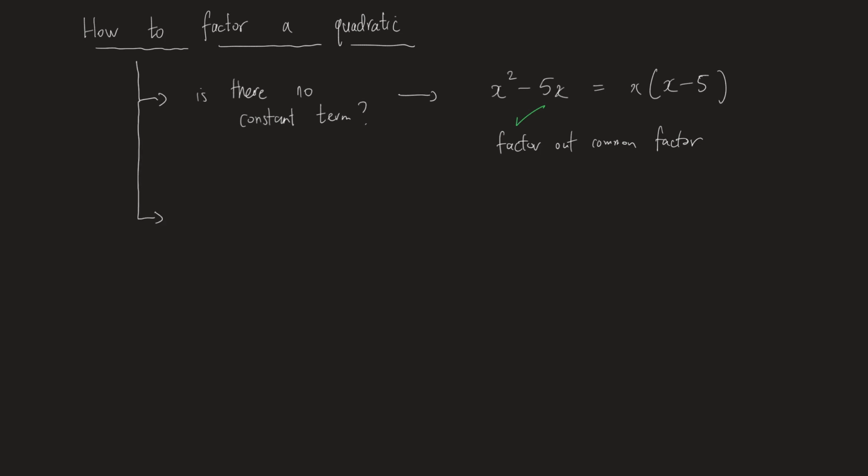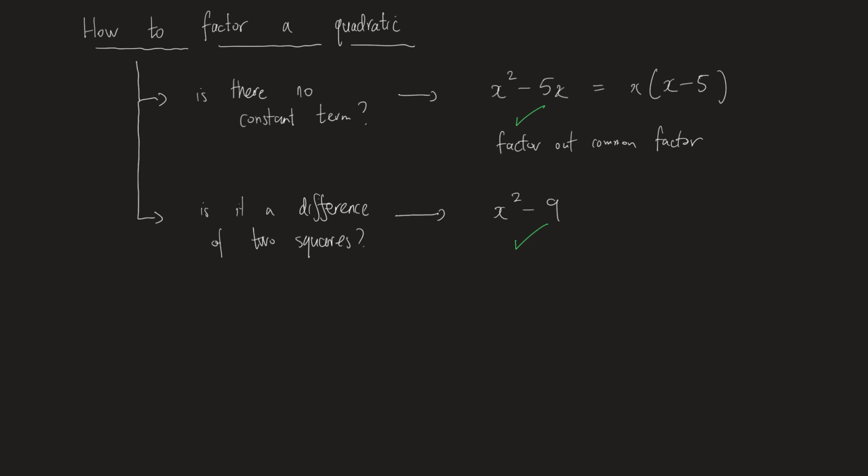So the next special situation to consider is: is your quadratic a difference of two squares? In that case, we can apply a formula, which is really nice. Let's say that we're looking at x squared minus 9. Indeed, this is a difference of two squares because we have x squared and 9 is 3 squared.